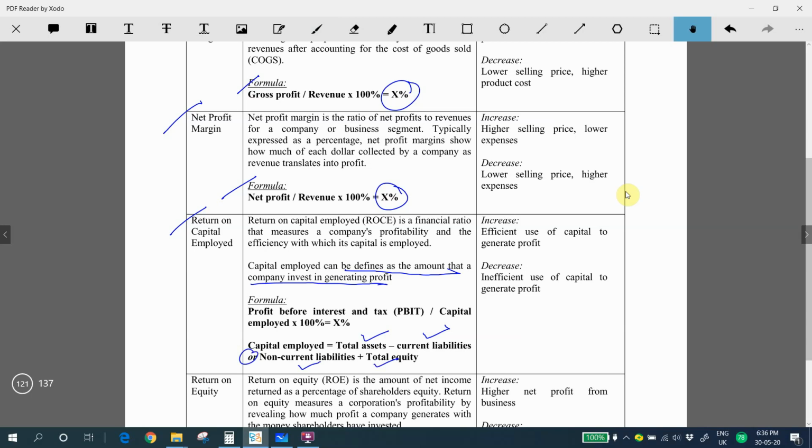And the formula for ROCE, we use profit before interest and tax, PBIT. Another name for this PBIT is operating profit. So we use operating profit divided by capital employed and multiplied by 100%. So we get the answer in percentage.